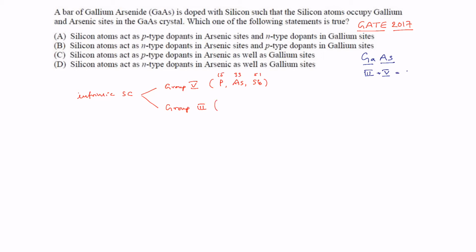And group 3 elements are aluminium, gallium, and indium, which are 13, 31, and 49. When you add group 5 elements, it acts as an N-type semiconductor, and when you add a trivalent impurity it acts as a P-type semiconductor.